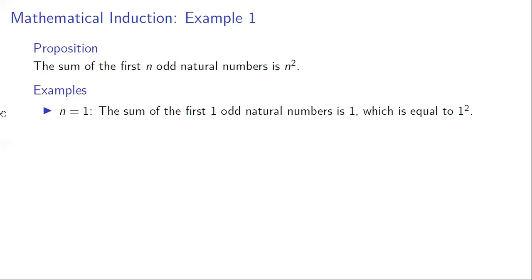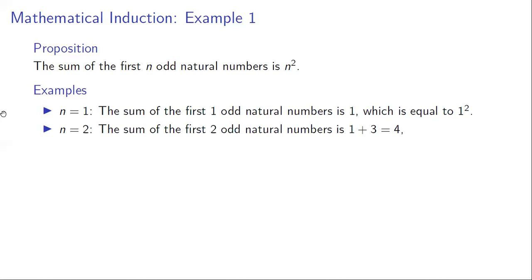How about for n equals 2? What does the proposition say when n equals 2? It says the sum of the first 2 odd natural numbers, which is 1 plus 3, is equal to 4, which is equal to 2 squared. So the proposition seems to work for n equals 2. How about n equals 3?